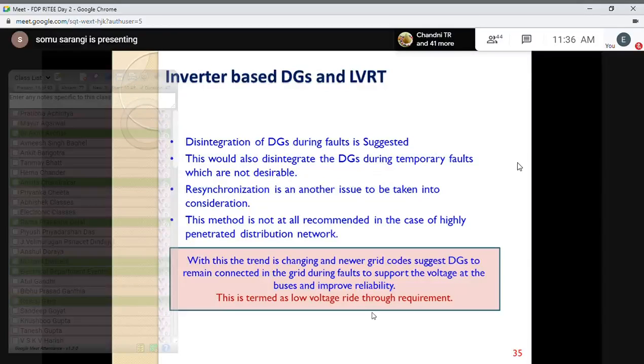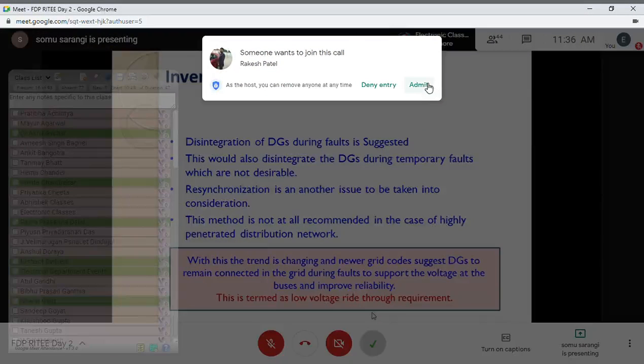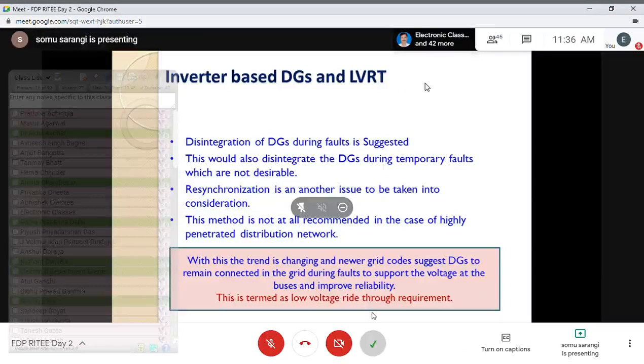So the method is not recommended in case of a highly penetrated distribution system. Otherwise, disconnection of the DGs will be continuously there, and we cannot have a continuous supply, which is not reliable. With this trend, new grid codes suggest that DG remain connected to the grid during fault to support the voltage at buses and improve reliability. This term is known as low voltage ride through.